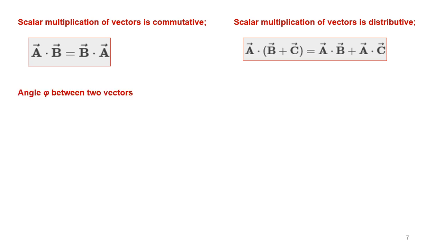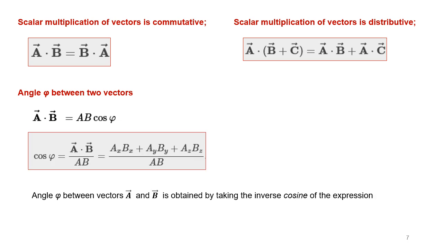Okay. How to find the angle phi between two vectors? For example, you have two vectors and you are asked to find the angle between them. You can use the dot product to find the angle. How? We know A and we know B. A dot B is AX BX plus AY BY plus AZ BZ.